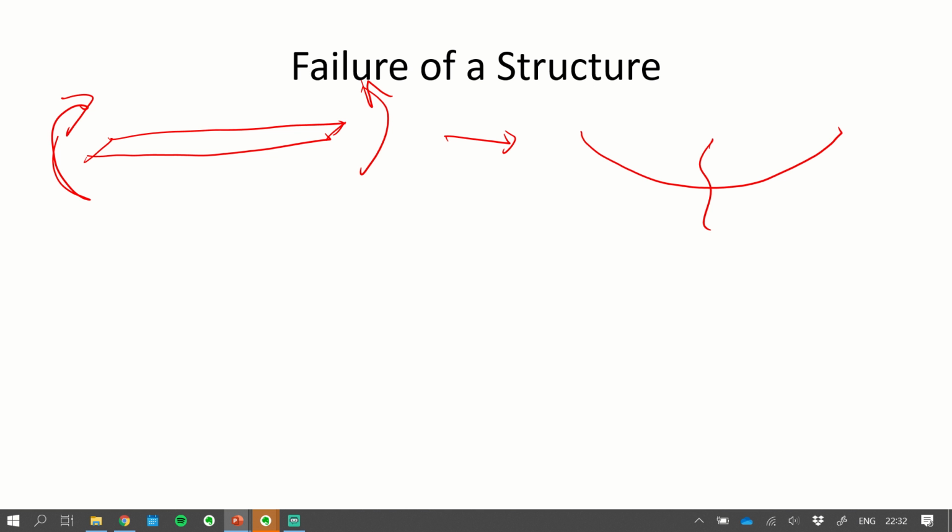The breaking point means that the stress happening at that particular point is higher than the strength of the ruler.